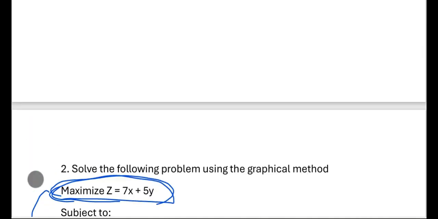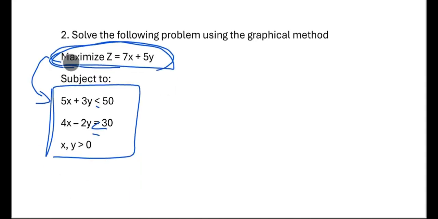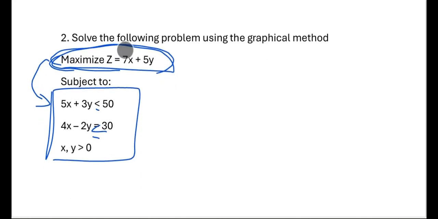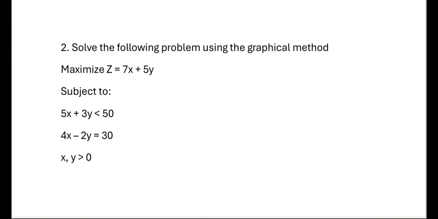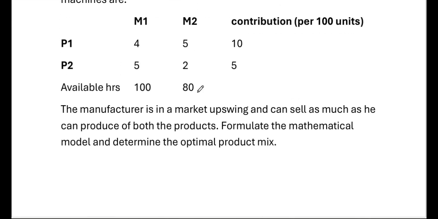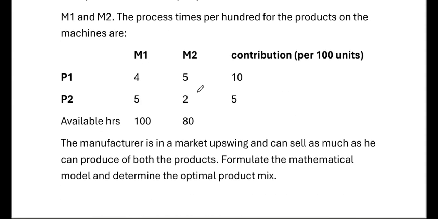So normally in exam questions, you either have such kind of a question, or you have a question like the one above, whereby you need to actually get the objective function and the constraints. You need to actually take time and derive them from this information that you're given right here.